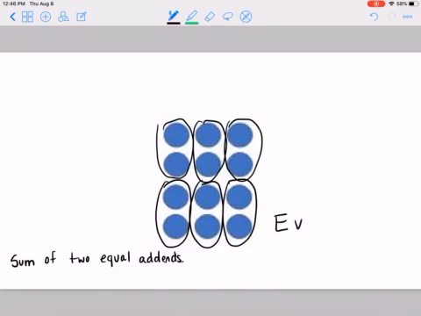Now what number is this? Let's see. 2, 4, 6, 8, 10, 12. This number is 12. Now, since we know that it's even, our learning target told us that even numbers are the sum of two equal add-ins.